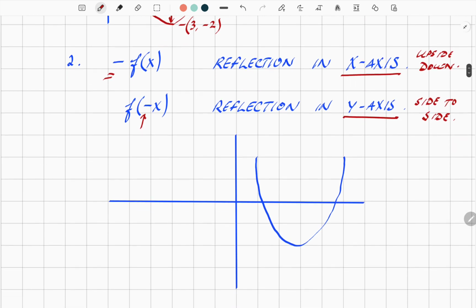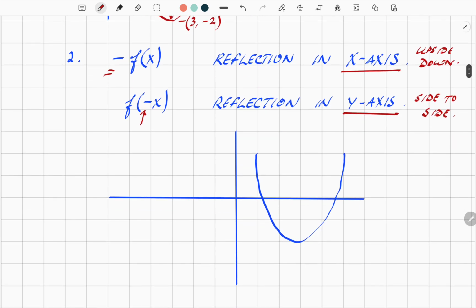So in this case, I'll illustrate that again. Again, not the best artwork, but let's be patient with that. So this is going to be minus f of x, so that basically flips it upside down. And remember, this was your original f of x.